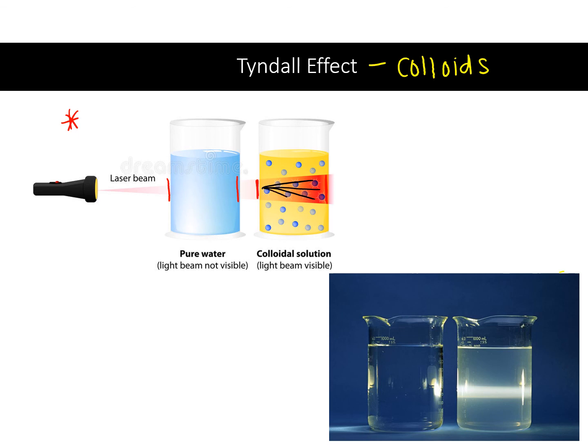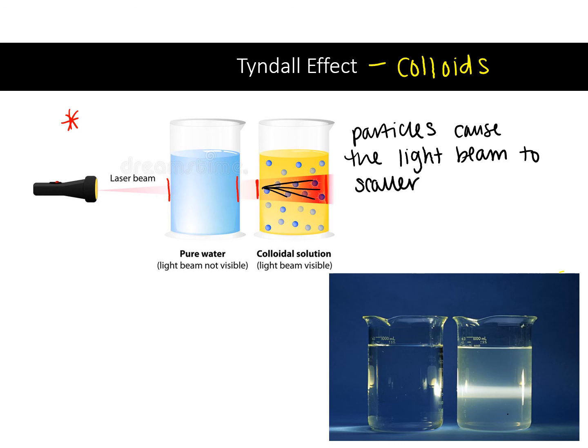And we can see that that laser beam is moving through that mixture. So as it's moving through the mixture, we see that the particles cause the light beam to scatter, making it visible to us.